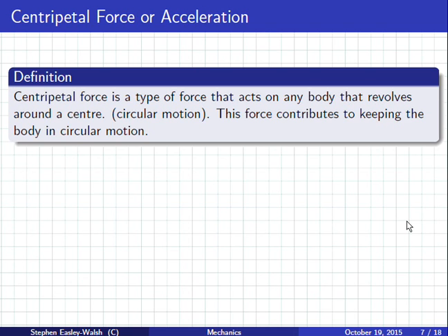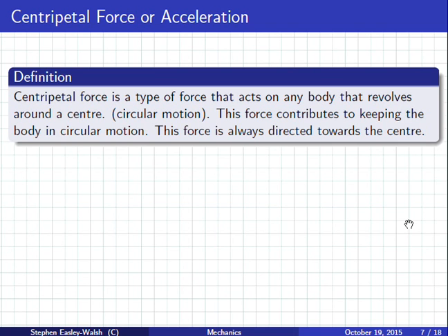So what I'm trying to get you to think is, whenever you have an F, you also have an A. And the A and the F always point together. So when this is moving in a circle, the F points to the center, and also the acceleration points to the center. Because F and A, they point together. Because remember, F equals ma.